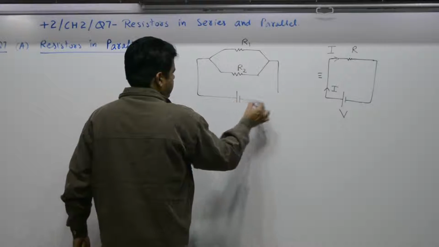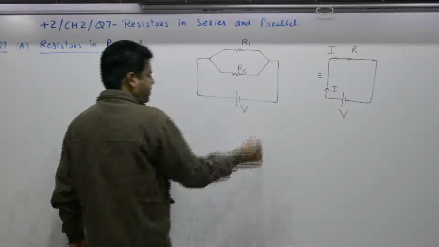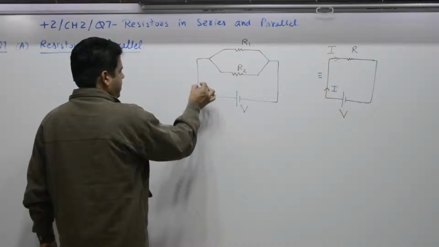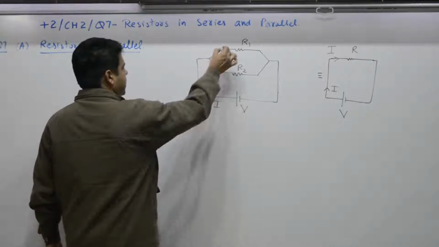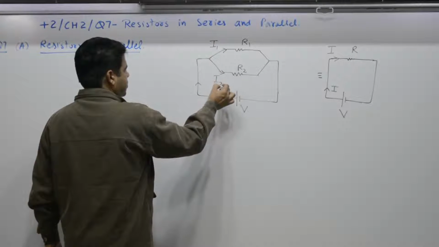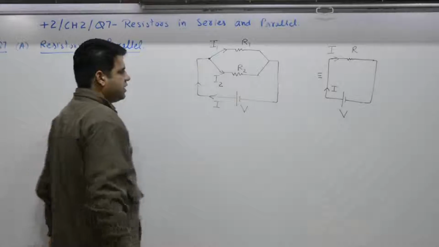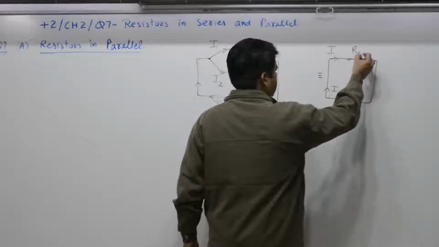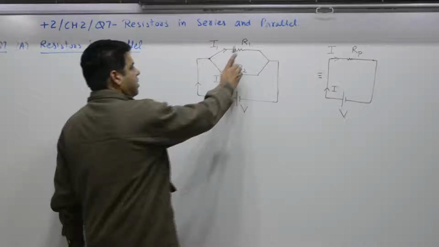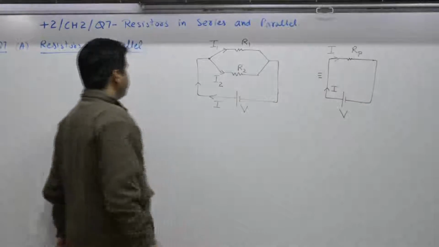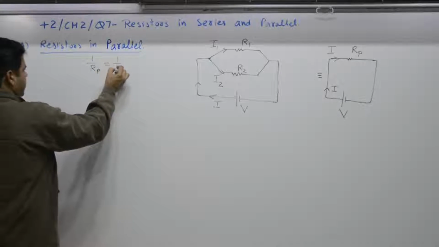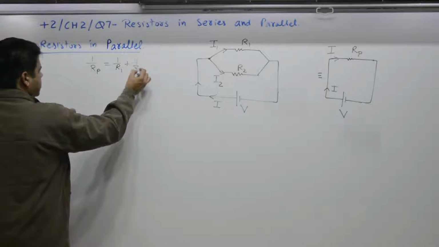Let there be voltage V across the two. If V is the applied voltage, current flowing is I. Current in resistor number 1 is I1. Current in resistor number 2 is I2. It is equivalent to single resistance Rp. We want to find a relationship between R1, R2 and Rp. We want to prove this: 1 by Rp is equal to 1 by R1 plus 1 by R2.